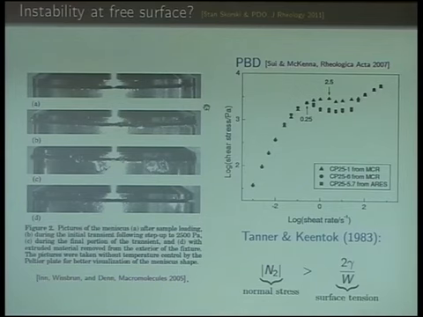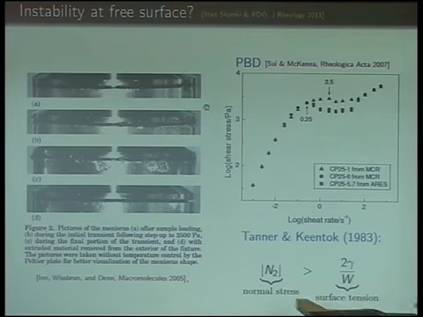An explanation for the instability at the free surface is that it's a combination of the normal stress of the material, the second normal stress, if you apply a shear like that. The first normal stress has to do with pushing the plates apart, and the second normal stress has to do with the stress coming out in the vertical direction, in the vorticity direction.